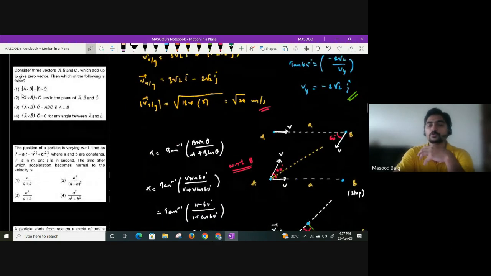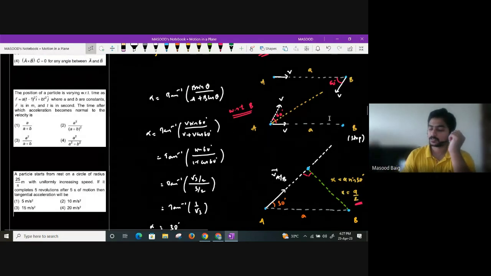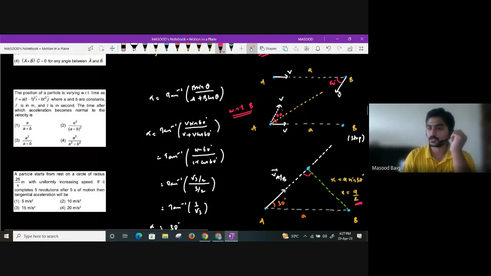So what do we do when we analyze the motion with respect to B? First step, we will stop B. Second step, whatever quantities B has, I will give to A. B had velocity in this direction; I give it to A in the opposite direction. So now A will be moving along the angle bisector of these two vectors, along 30 degrees.